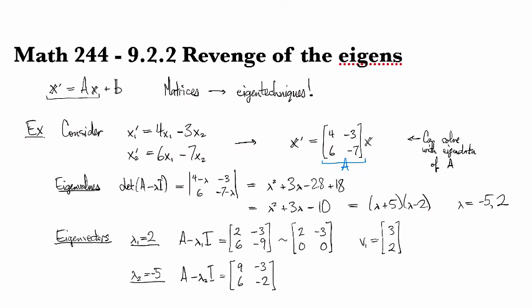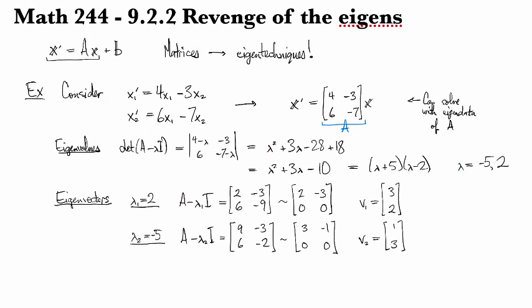There we go. Okay, and so then I can row reduce this one, and I'll divide that first row by 3, and I get 3, minus 1, and the second row is a multiple of that. So I get v2 equal, and I'll take 1, 3.